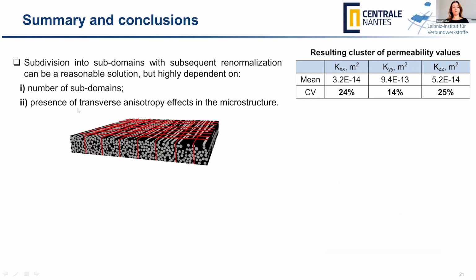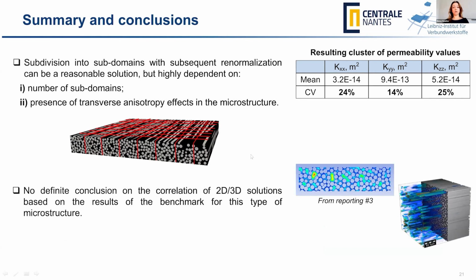And of course, if the transverse anisotropy effects are present, it's not a convenient approach. Concerning the 2D, 3D solutions, we cannot really conclude at this stage, at least for these particular results, whether 2D can be representative of the 3D.